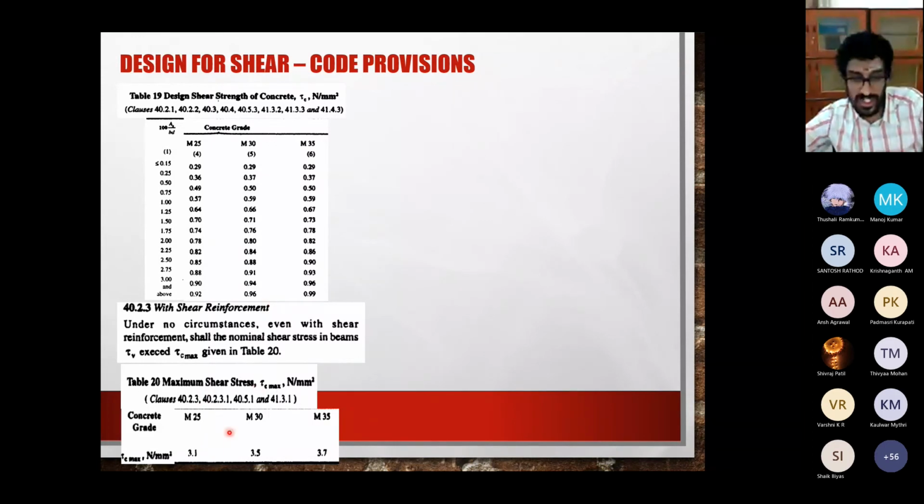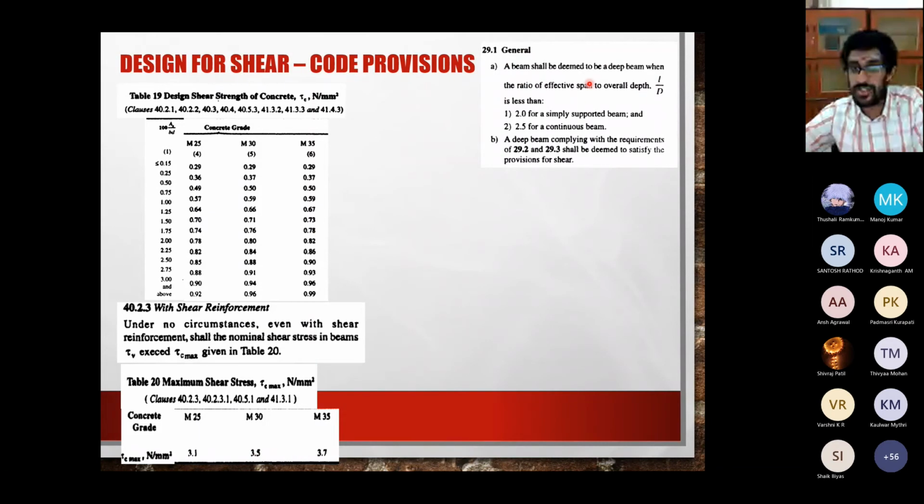That stress should not exceed 3.1 if M25, 3.5 if M30 and 3.7 if M35. Even if you give shear reinforcement, you cannot, just because you have M30 concrete and you're getting applied shear stresses of say 5 or 6 Newton per millimeter square. Even if you give shear reinforcement, you're not allowed to do that. You should still restrict it between these values.